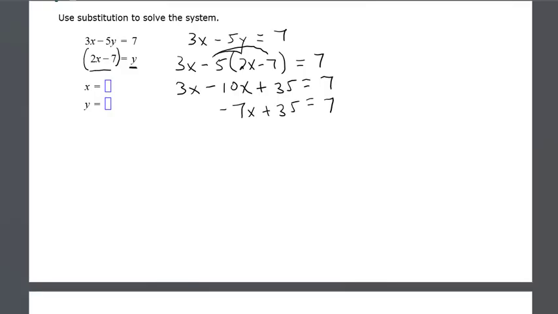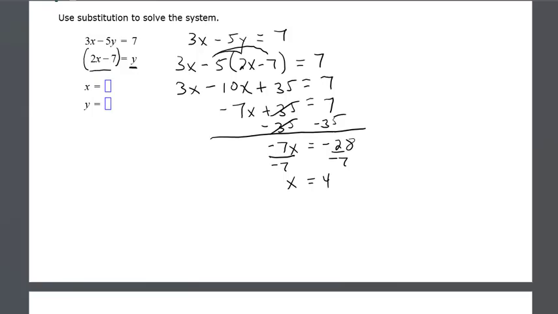And then isolate our variable. So we're going to subtract 35 from both sides. And that gives us negative 7x equaling negative 28. And then we're going to divide by negative 7. So this tells us our x value is 4.